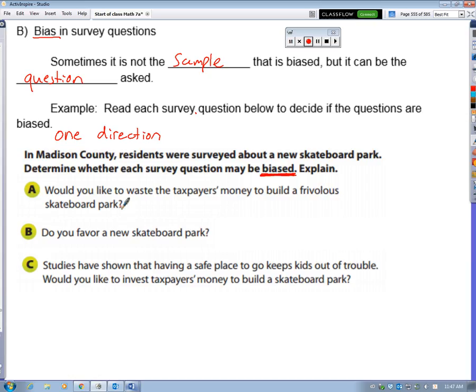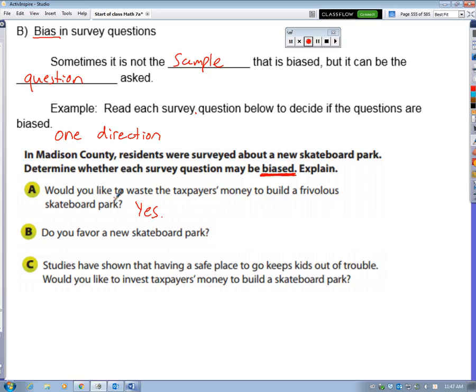Okay, is the question biased? Yes, it is. And why is it biased? Because it leads people to pick the answer no. Because basically it says if you're going to pick the answer yes, then you're going to be wasting money. And no one likes to waste money.